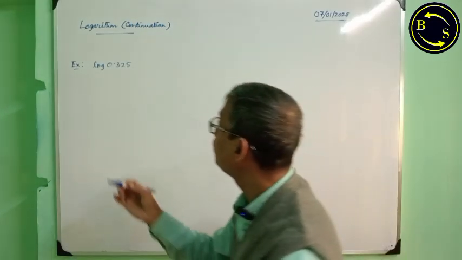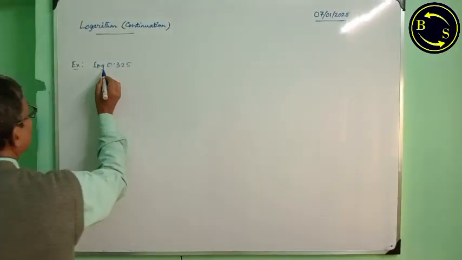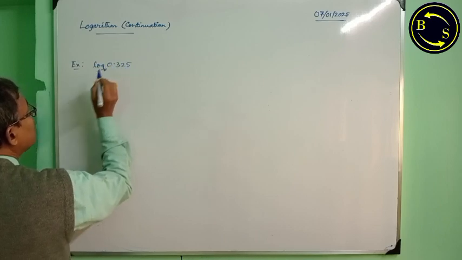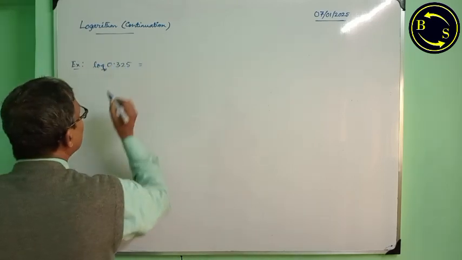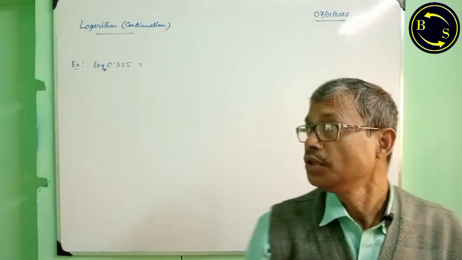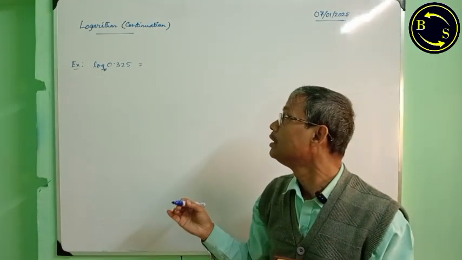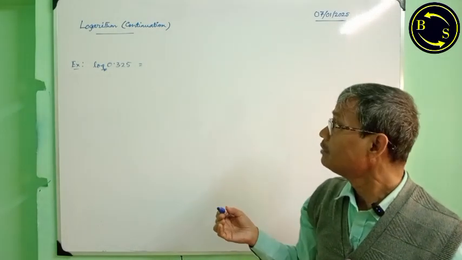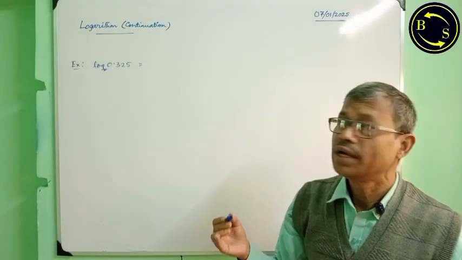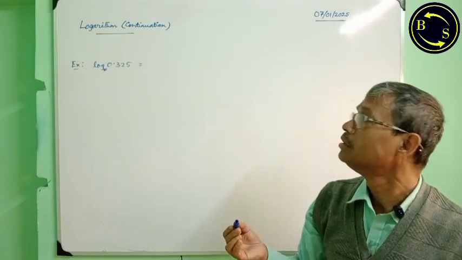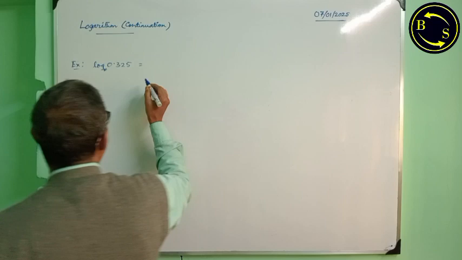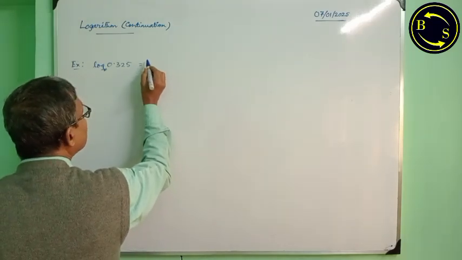Now to find the log of 0.325, of course base is 10. First we note that there is no digit before the decimal point, and already I have discussed, then the characteristic will be 0 minus 1, that is minus 1, but in case of a log we write 1 bar.